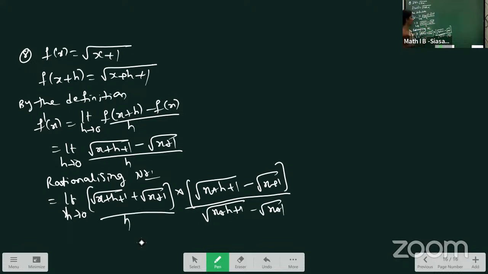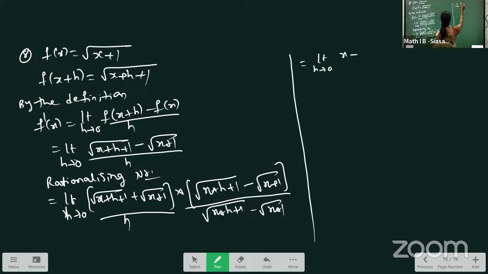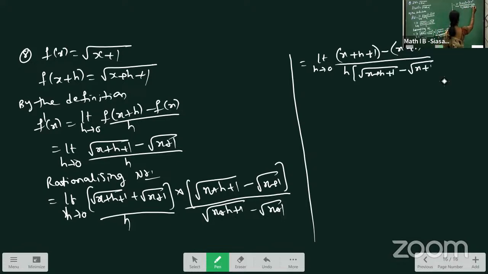Now apply the formula. The numerator is in the form of a plus b into a minus b. So we will be getting limit h tends to 0, a square, root of x plus h plus 1 whole square. So root and square get cancelled. Put the bracket like this. Minus b square, under root of x plus 1 whole square, is x plus 1 only, by h into under root of x plus h plus 1 plus under root of x plus 1.